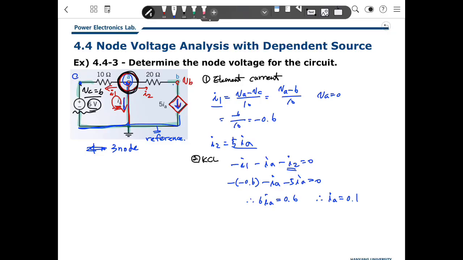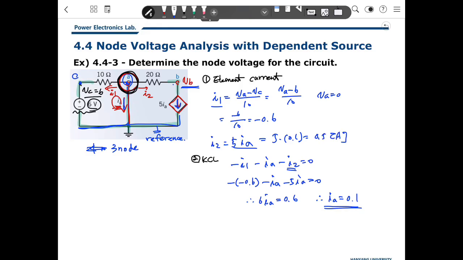Then we can check VB. Because IA is 0.1, we can get I2 is 5 times 0.1, which will be 0.5 ampere.